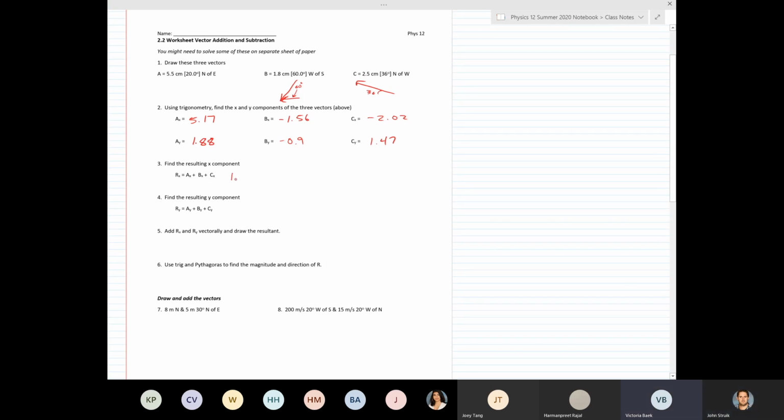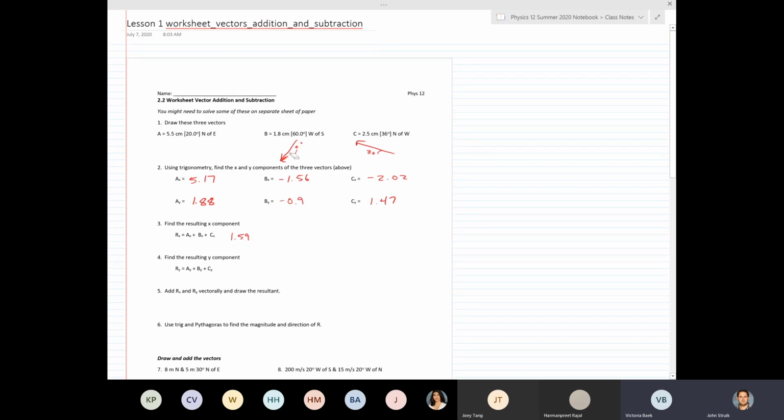Sorry, can you explain B again? Yeah, so for B, let me draw it bigger over here. 60 degrees west of south. So that's like that. This is south, this is west, so 60 degrees west of south is that one. And this is 1.8 centimeters.